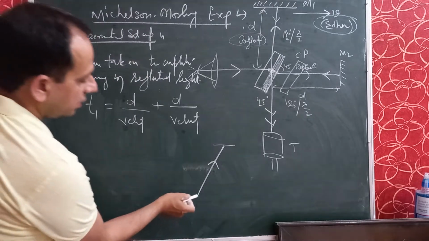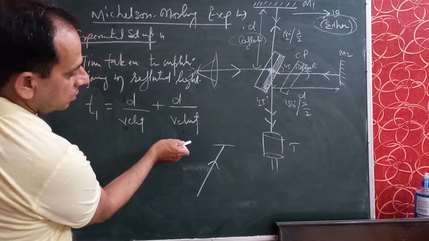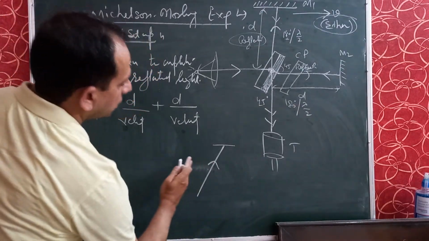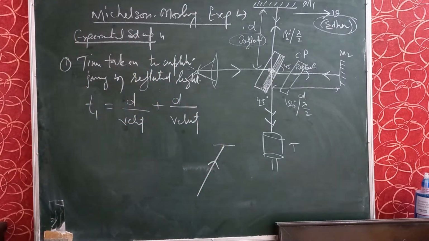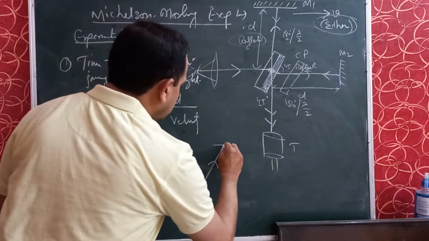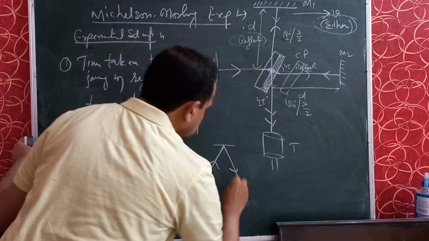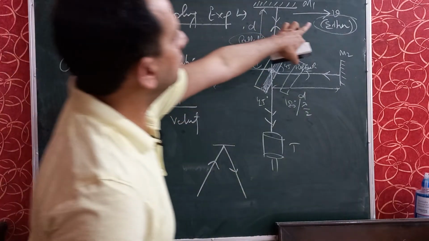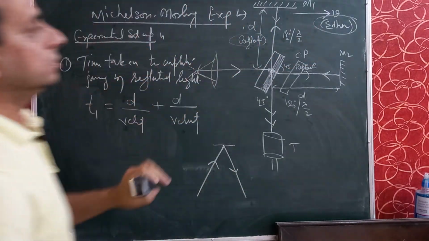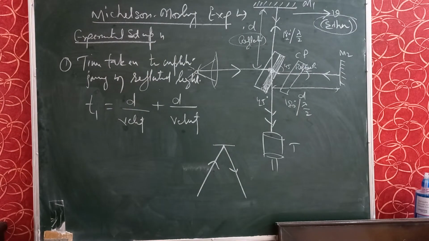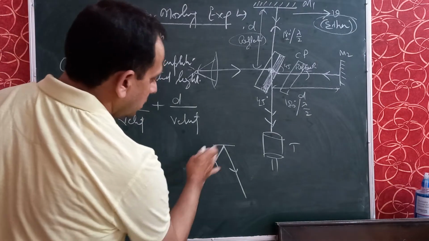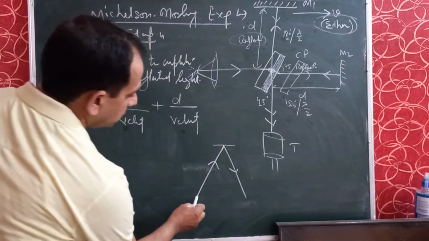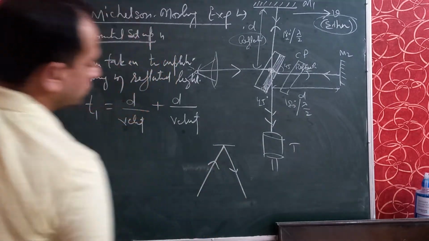Actually light is going in a particular upward direction, but due to the speed of ether, it will trace this path, and in the backward direction, it will move toward this side because this velocity is affecting the motion. It is assumed in the Michelson Morley experiment, but practically it did not happen. But in this experiment, it is assumed that the velocity of ether affects the motion of light. So the light is in the upward direction, then in the downward direction.